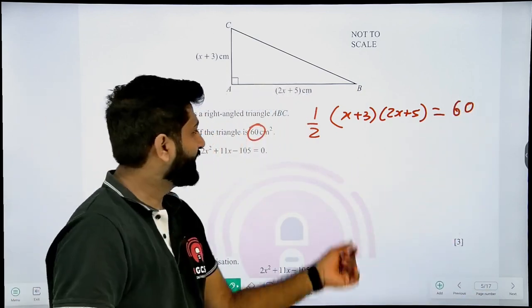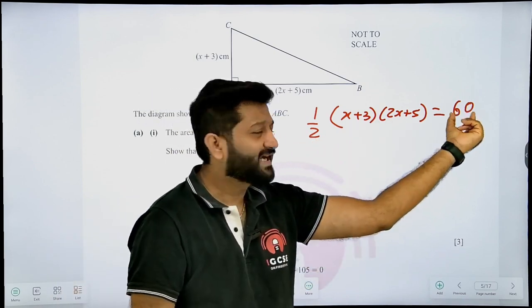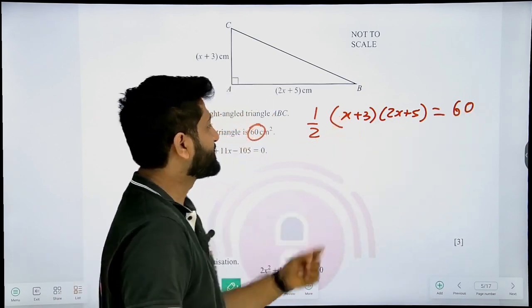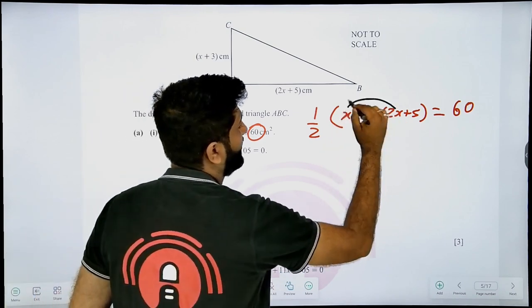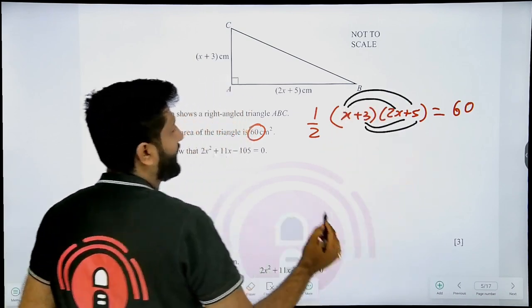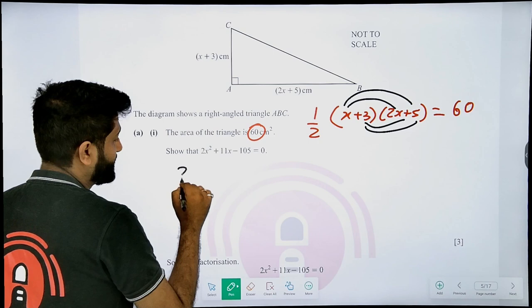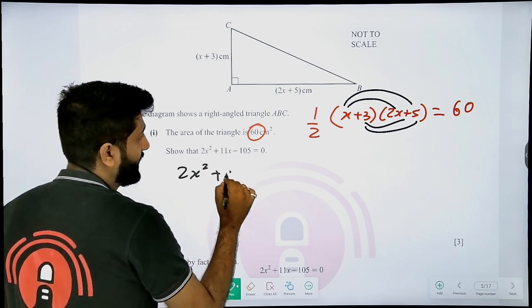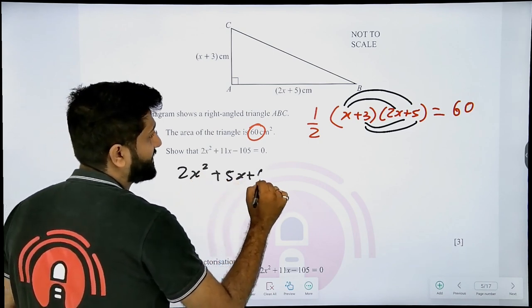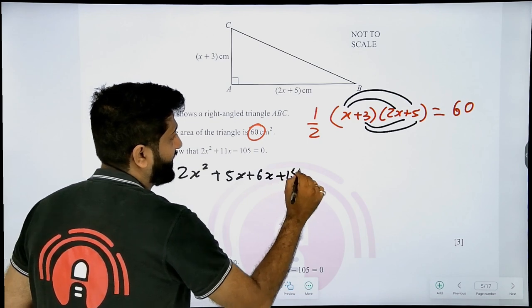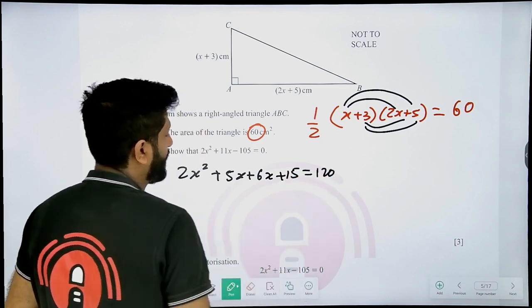So let me do one thing. Let me take 2 to the right hand side, and let me expand this. So I have x into 2x, which is 2x square, plus 5x plus 6x plus 15 equals 120.